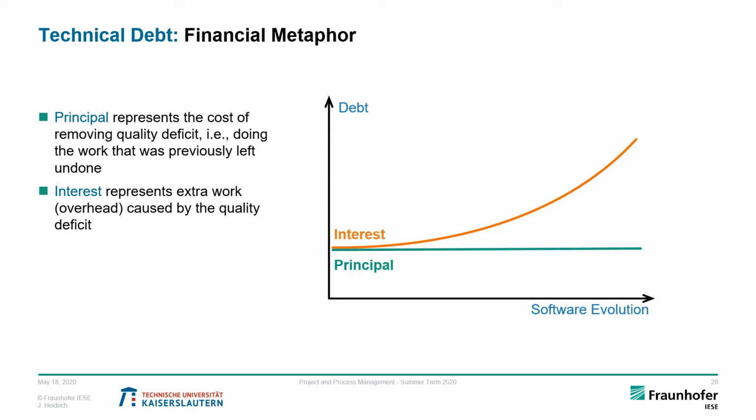And the interest basically represents the additional work, the overhead that was caused by that quality maintainability deficit. And basically the technical debt is then the addition between these two concepts, the principal and the interest.